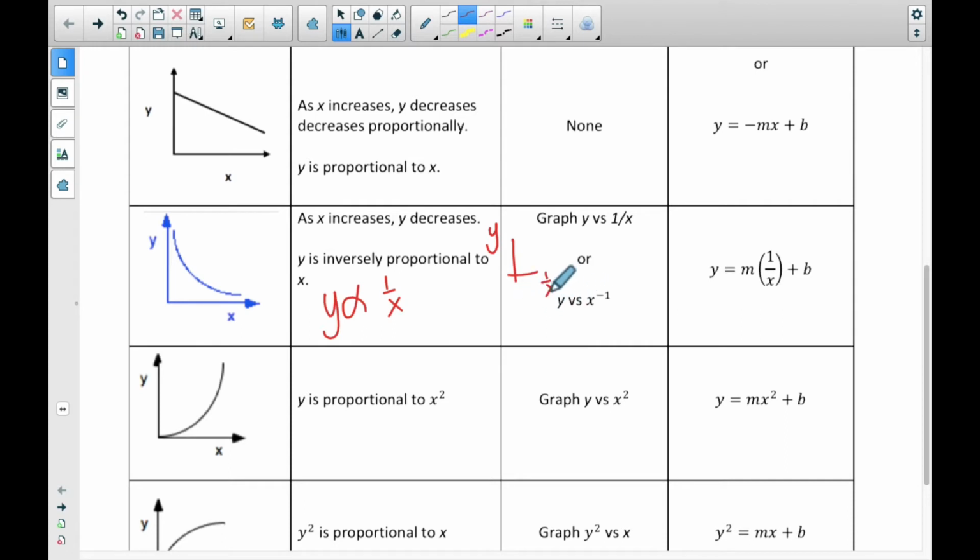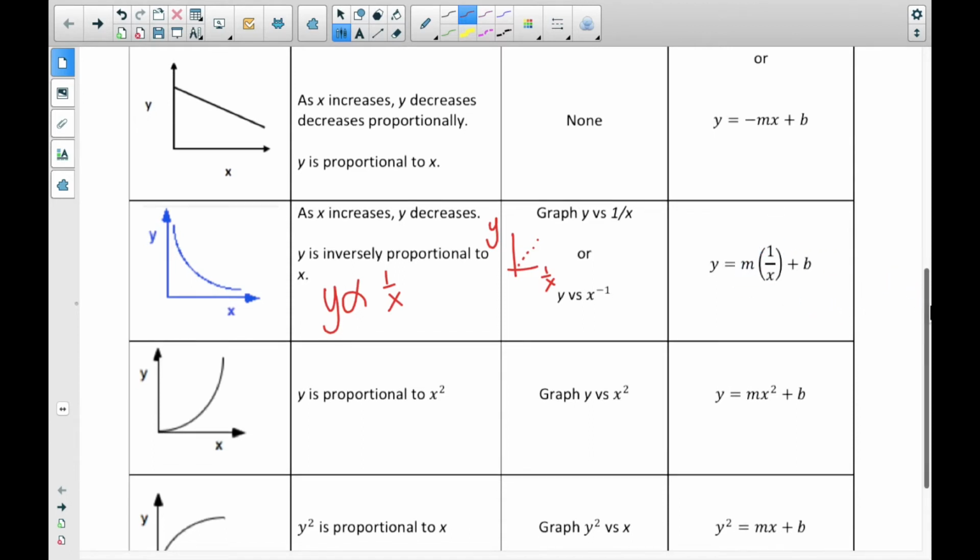And so we would have to change our data. We'd have to add another column in our data to find out what that is. And when we did it, it should then make a straight line. And so that's what we're going to be working with. And then we would look at this equation and how to make this equation fit our data. And we'll look at examples of these so you can see how it's happening.